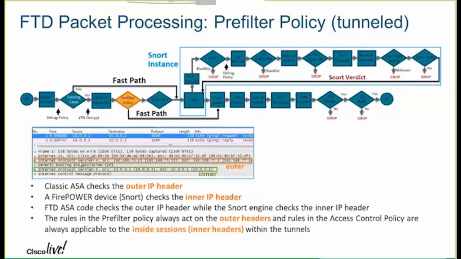So when you configure a tunnel policy, this is basically a tunnel policy that we are creating. This is how the packet looks in Wireshark in case of tunnel traffic, and the example I'm using here is GRE over IP.